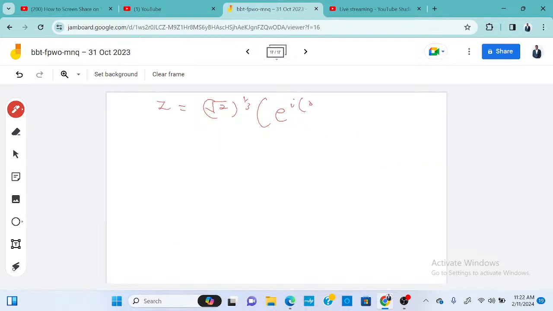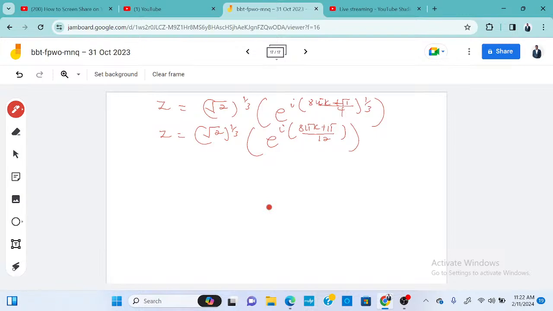So at this point, I'll have Z equal to square root of 2, 1 out of 3, multiplying e to the power i (8 pi k plus pi) all on 12, right? Because I've applied De Moivre's theorem here.